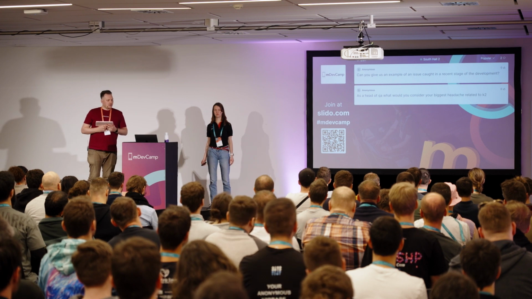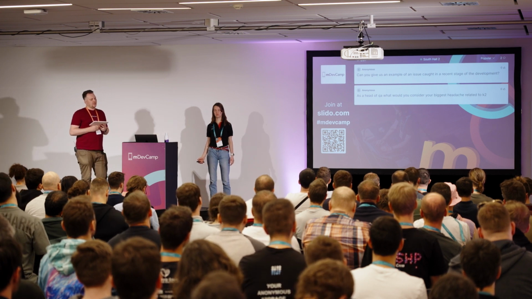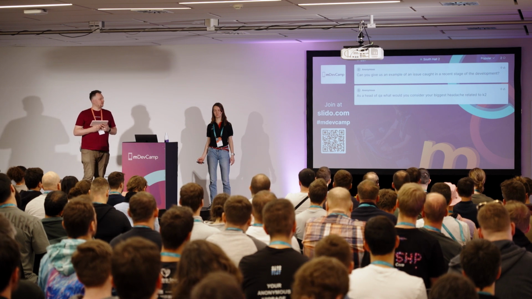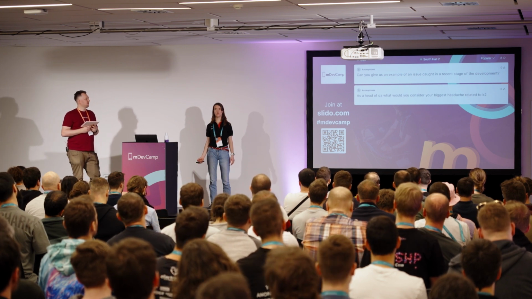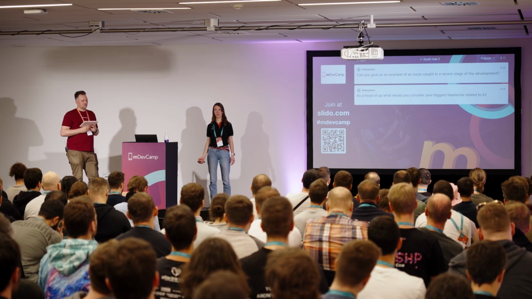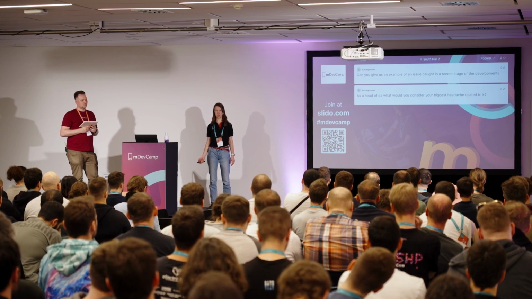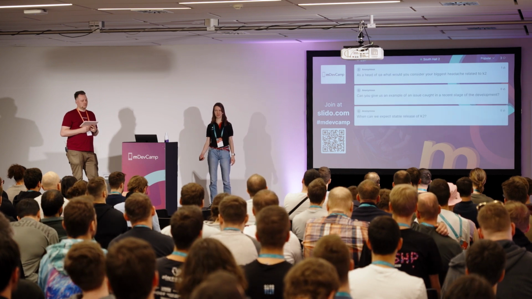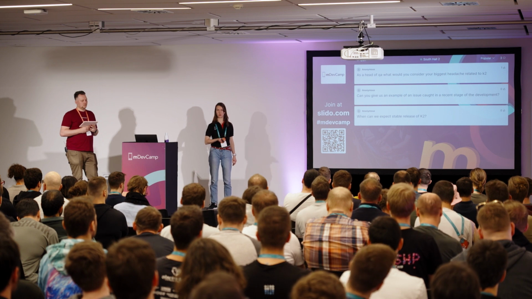Thank you. Another question, can you give us an example of an issue caught in a recent stage of the development? Well, I believe that the type inference stage is more or less recent. I mean, this builder inference story.